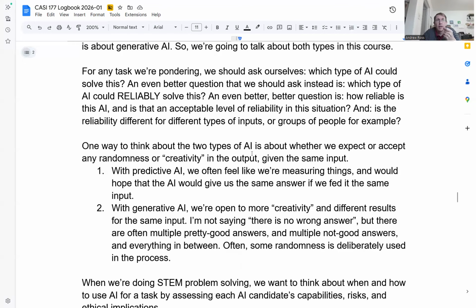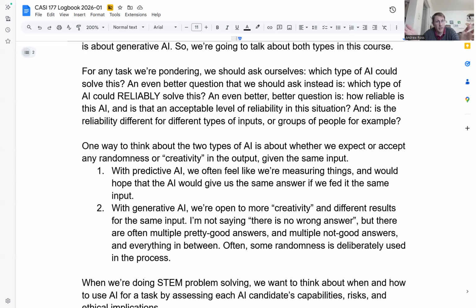One way of thinking about reliability or randomness is, is there any randomness in what the AI gives us? So with predictive AI, you would hope that if you feed in the same image twice, it would give you the same probability twice of whether there's an eagle in the image or something. With generative AI, we're kind of open to more creativity. And I'm not saying there is no wrong answer.